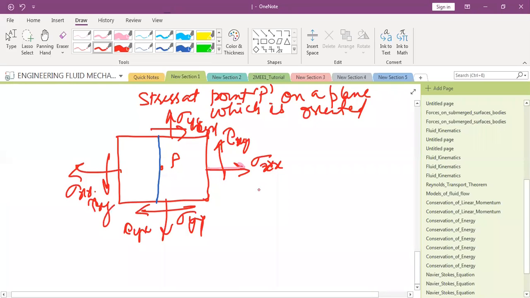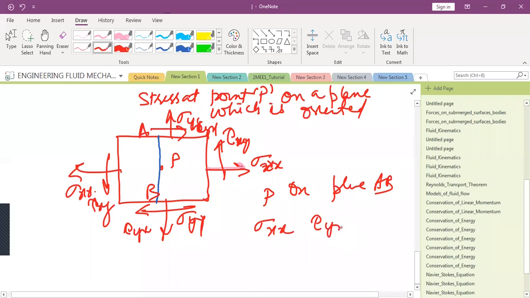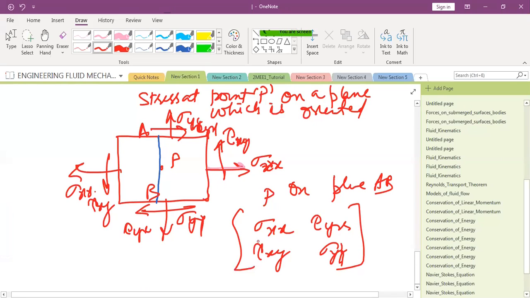So if I ask you what is the state of stress at point P on a plane AB, then your answer will be this: sigma xx, tau yx, tau xy, sigma yy. This defines the state of stress at point P on a plane AB, which is oriented in this fashion.